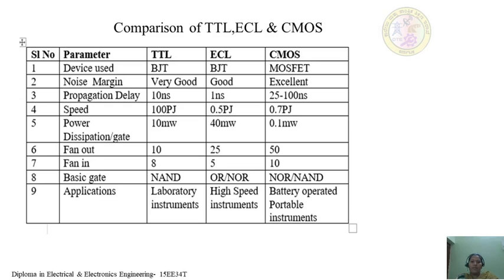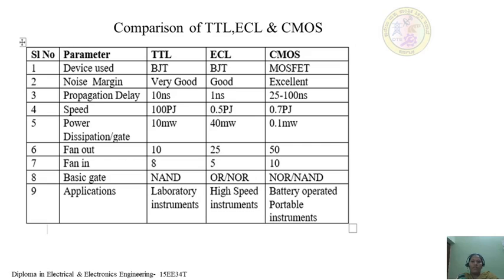The last parameter is the application of these IC logic families. The TTLs are basically used in laboratory instruments. The ECLs are used in high-speed instruments, and the CMOS are used in battery-operated portable instruments.